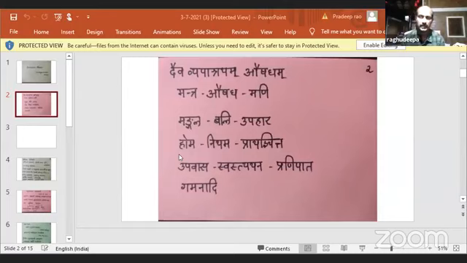If a person is suffering from pittaja disorders, where the heat of the body is increased, and the patient complains of more heat in the body, you may ask him to wear the moonstone. Moonstone is again a form of quartz.